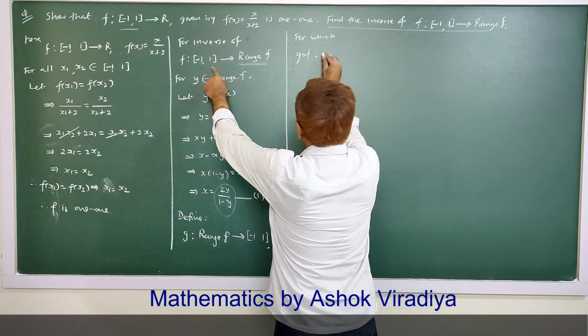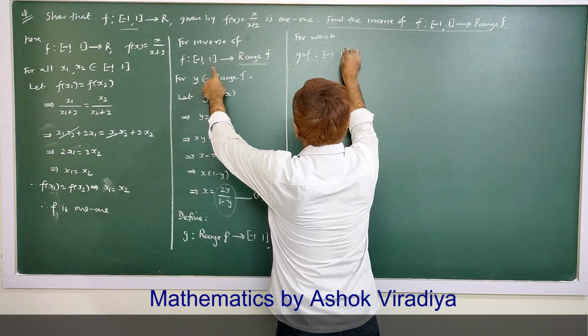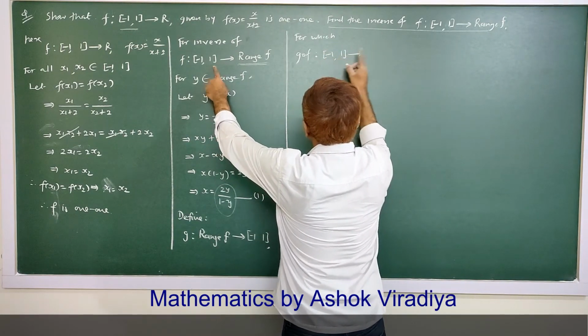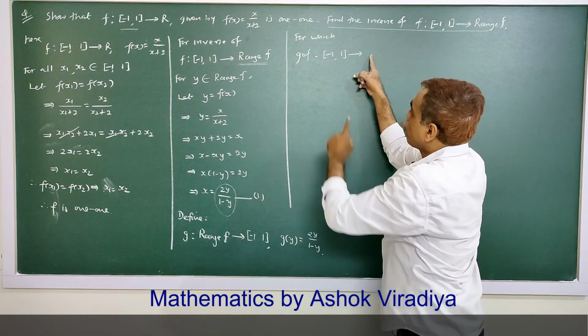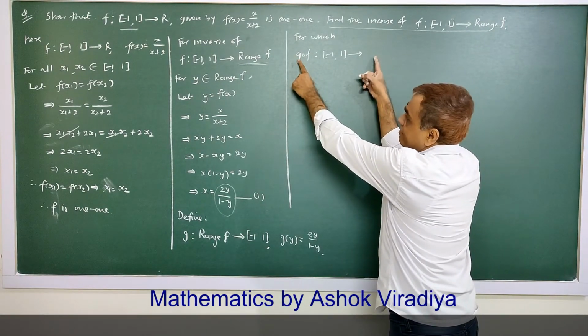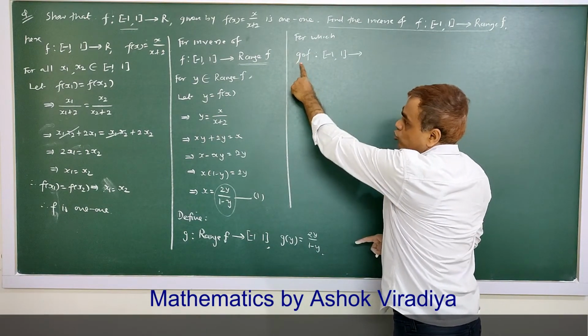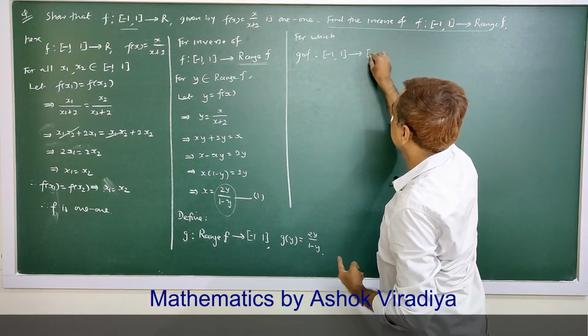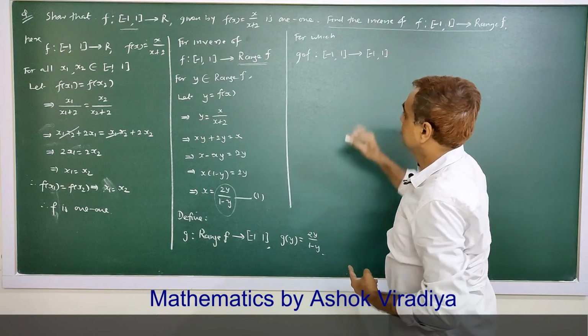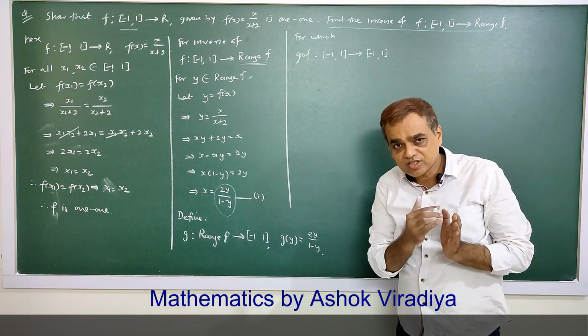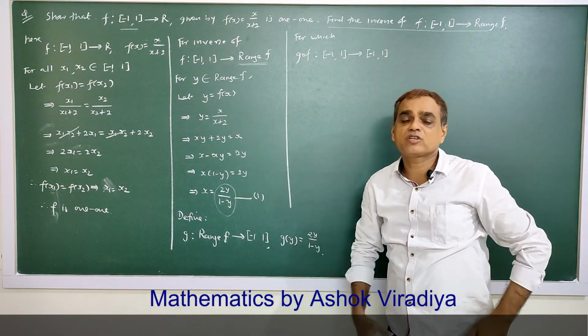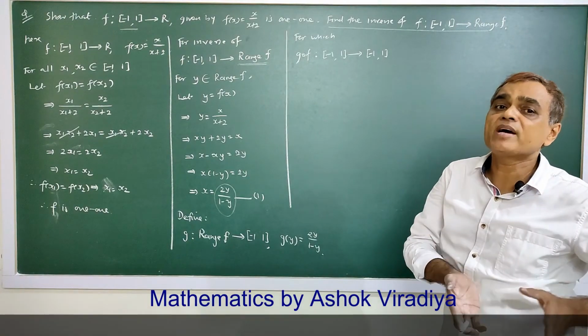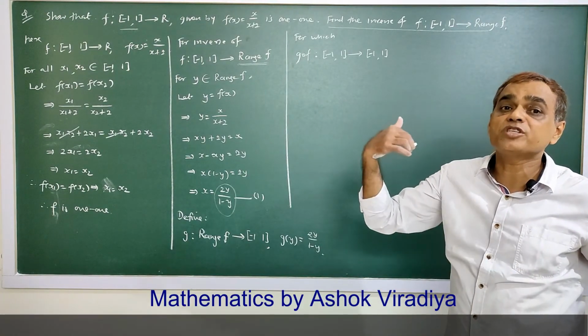Domain of f is -1 to 1. And here we keep the codomain of g, the second function. Codomain of g is -1 to 1. Domain of the first function, codomain of the second function, that will be the domain and codomain of the composite function.